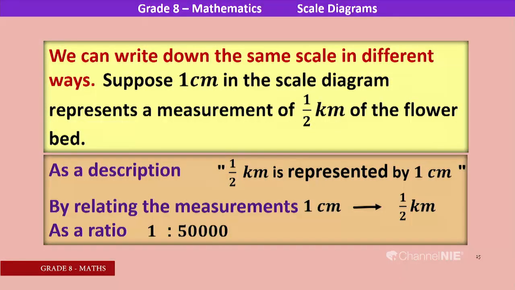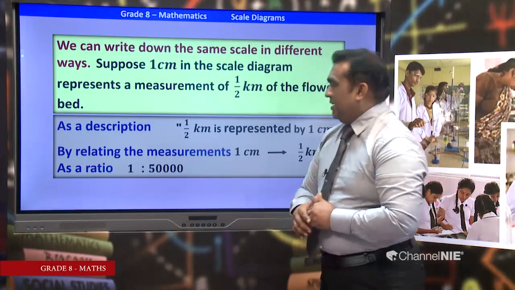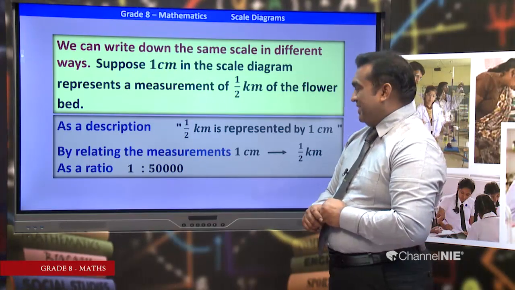Next one, as a ratio: 1 centimeter represents half a kilometer. How to convert kilometers into meters? Multiply by 1000. Half into 1000 is 500 meters. Then meters should be converted into centimeters. 500 multiplied by 100 is 50,000.